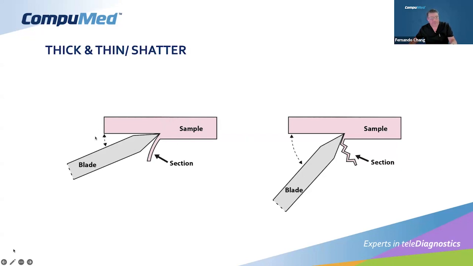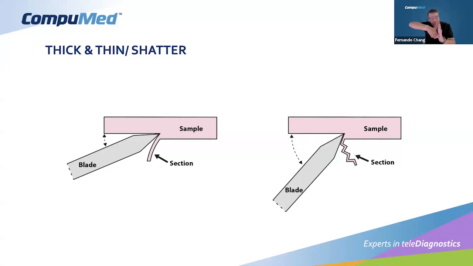In this case, 5 degrees, this angle, and the section will be just a nice, beautiful shaving. But what happens if we have a different angle? If we have an angle of 7 or 8, 10, or we have moving parts, this is exactly what happens. The blade is going to start jumping because the presentation of the blade is not at this shaving angle.